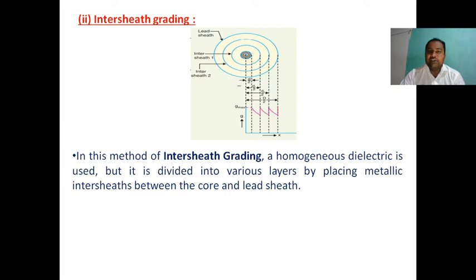In the previous case we used different dielectrics having different relative permittivities.